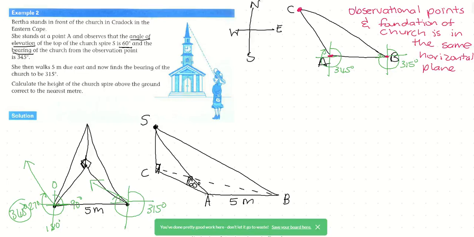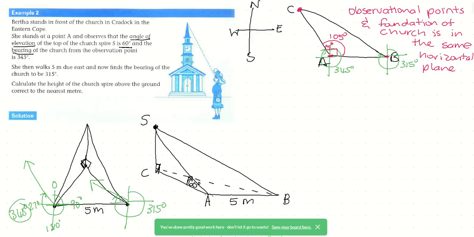Therefore, if I want to figure out what this angle is, knowing that this is 345 degrees, I can go 360 minus 345, which leaves me with 15 degrees here, right? And that is 90 degrees. So 90 plus 15 gives me 105 degrees there.